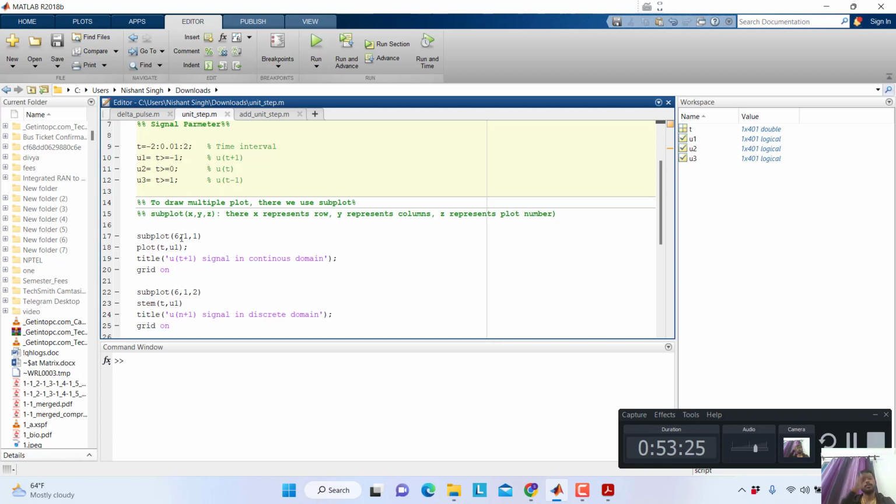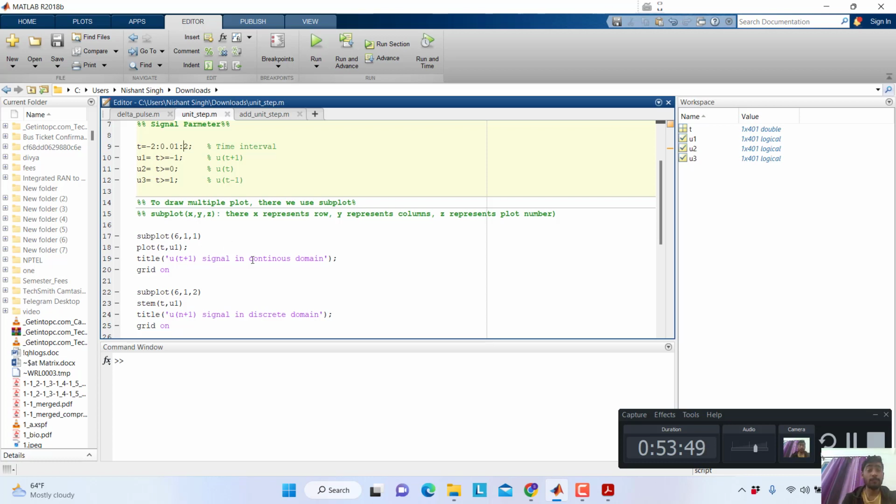We have 6 rows, 1 2 3 4 5 6, and 1 column, so the subplots are 6 1 1, 6 1 2, 6 1 3, because we are starting from the first of 6 rows and the first column.